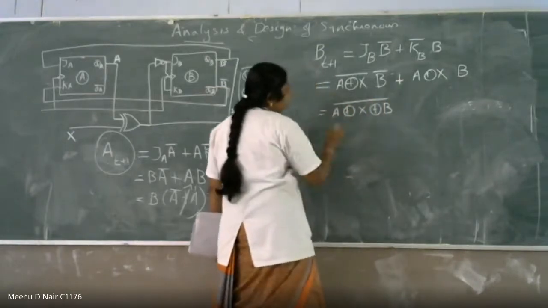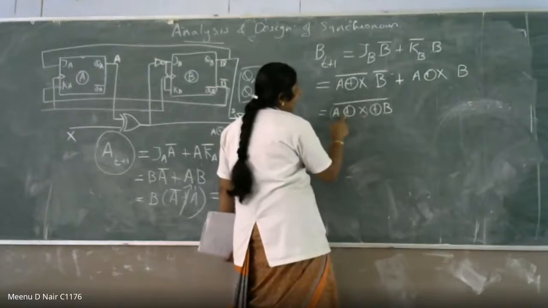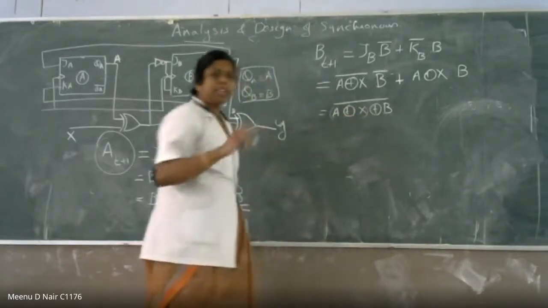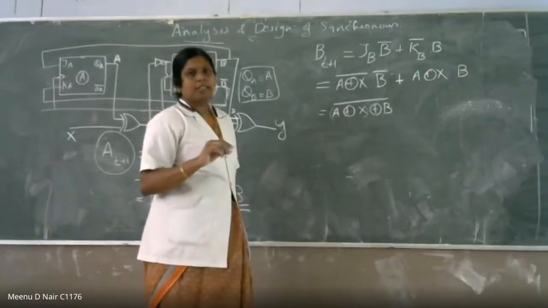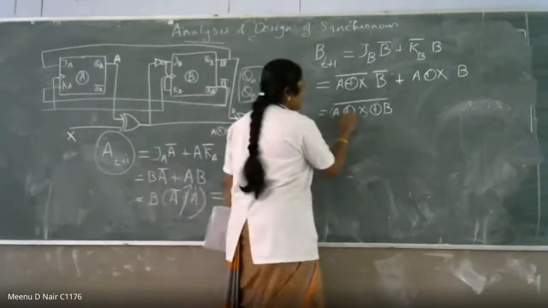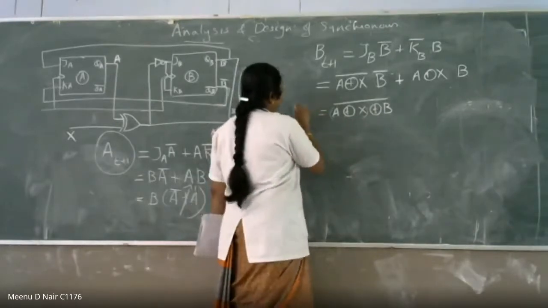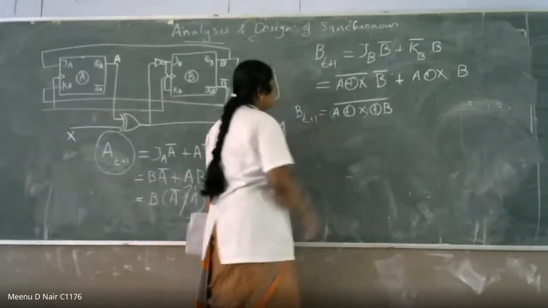So actually the term was A XOR X XNOR B, and XNOR B you can replace with a whole bar XOR X, so that is A XOR X whole bar B.